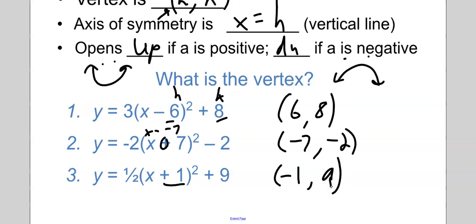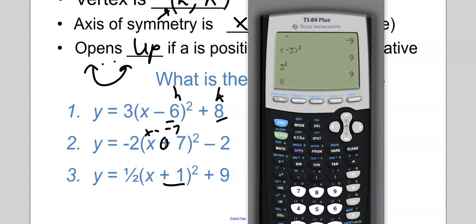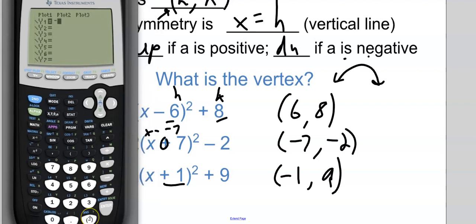Remember, if you have trouble with this, or you just want to double check yourself, you have access to the calculator. You could just put in y equals, clear out whatever's in there, and put negative 2, parentheses, x plus 7, parentheses, squared, minus 2.